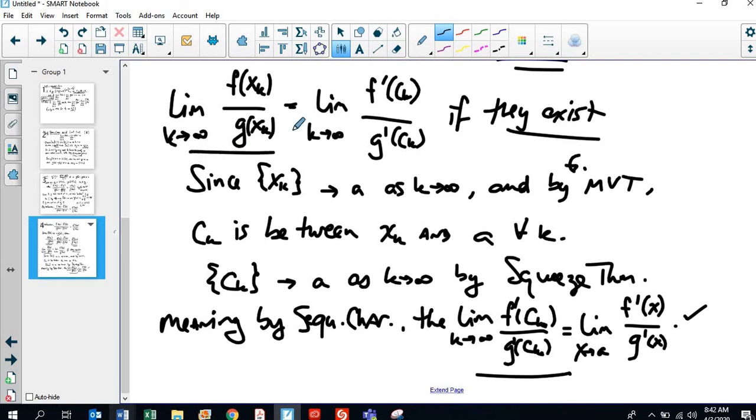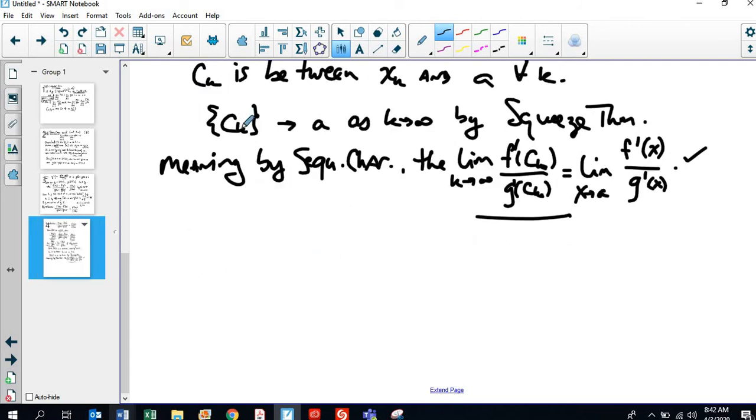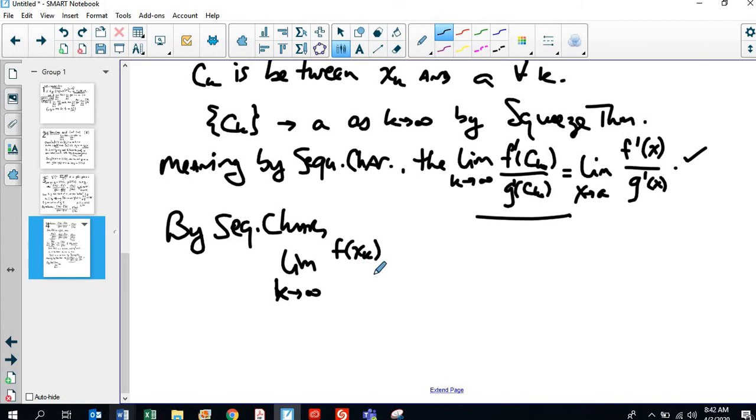And once again, by sequential characterization again, the limit as k goes to infinity of f of xk over g of xk has to be the limit as x approaches a of f of x over g of x.